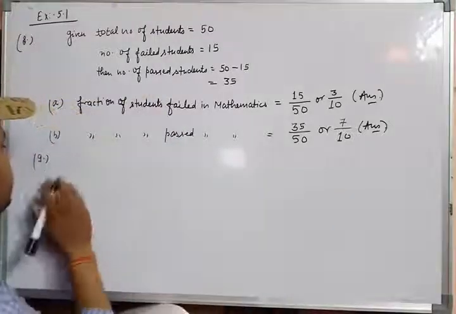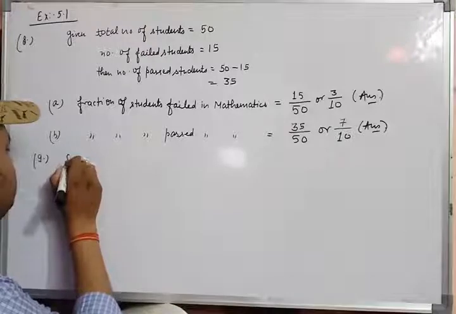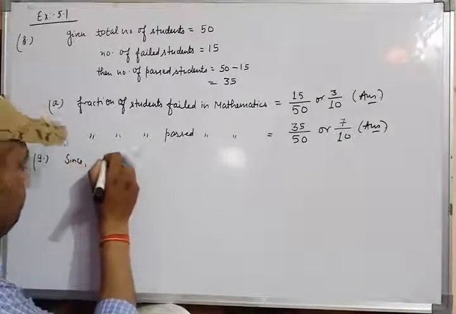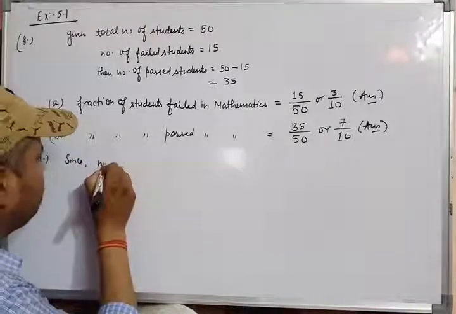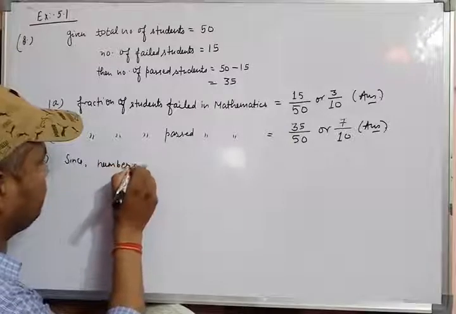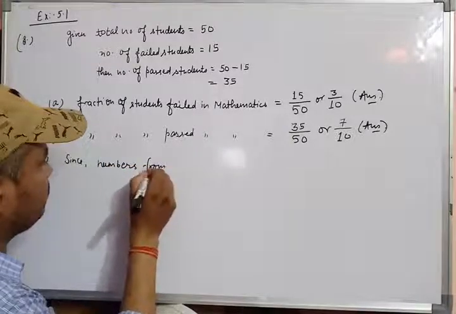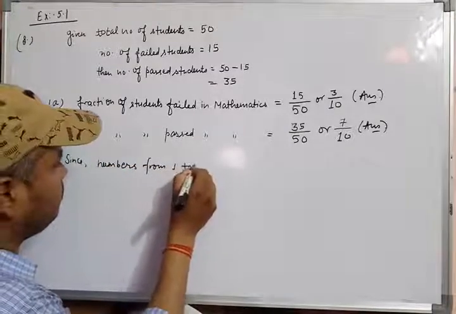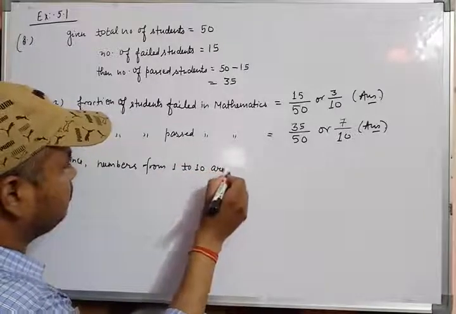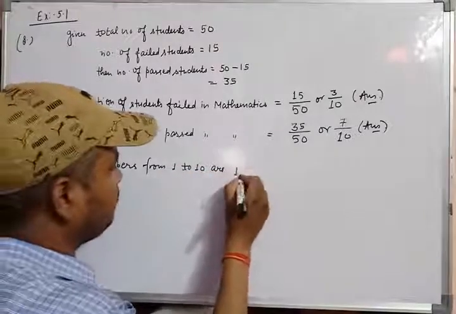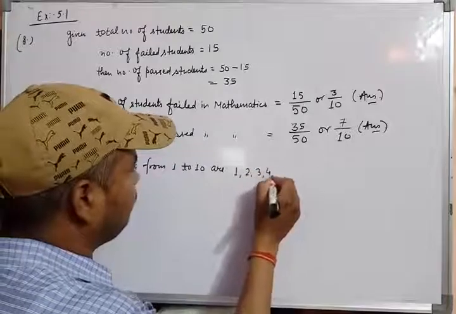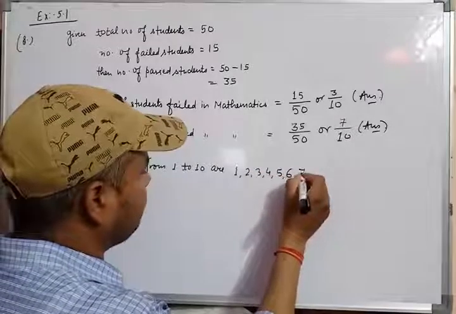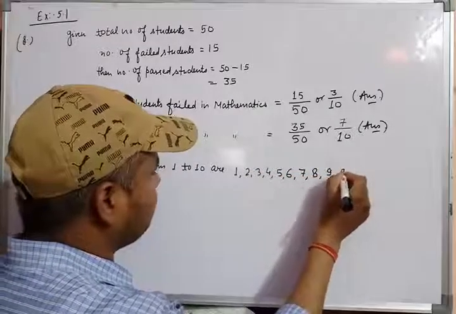The numbers from 1 to 10 are 1, 2, 3, 4, 5, 6, 7, 8, 9 and 10.